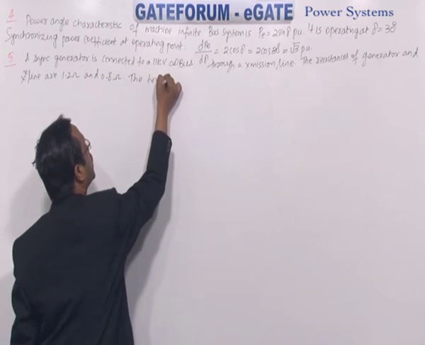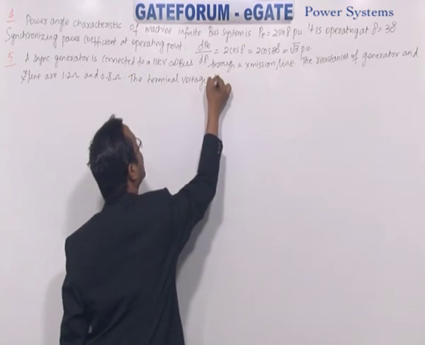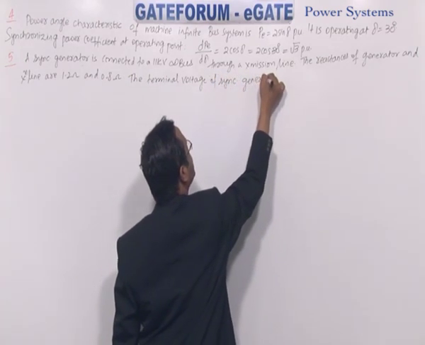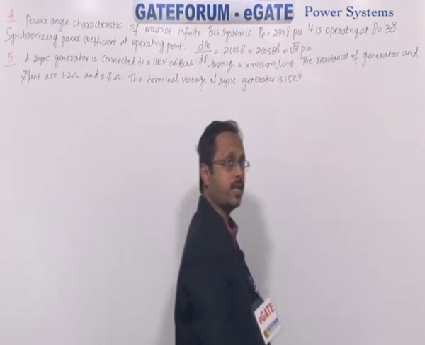The terminal voltage of the synchronous generator is given as 15 kV.